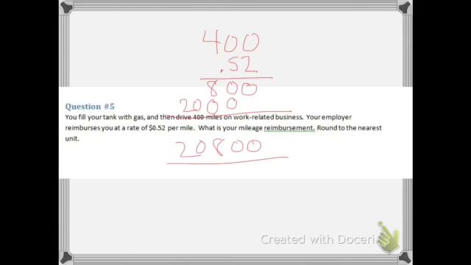I'm just adding these columns down like that. And there's 2 decimal points. So I go over 1, 2, and it is $208 even. Which, if I was just estimating, if I get half a dollar for every mile I drive, and I drive 400 miles, I expected it to be around $208.